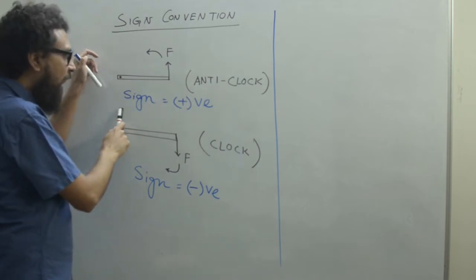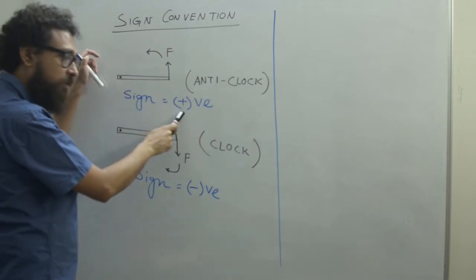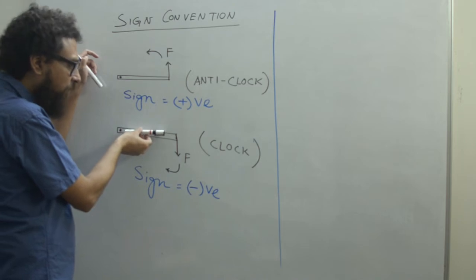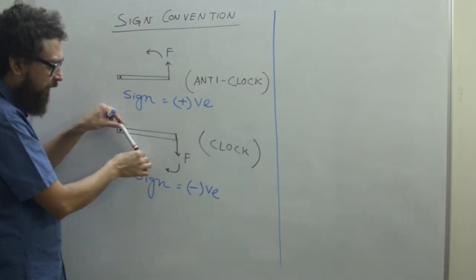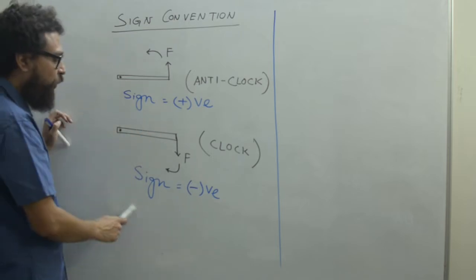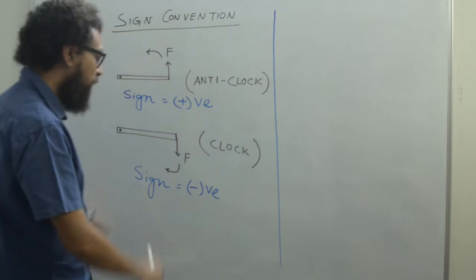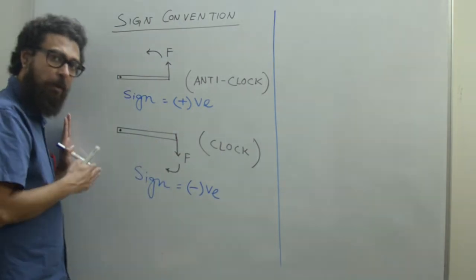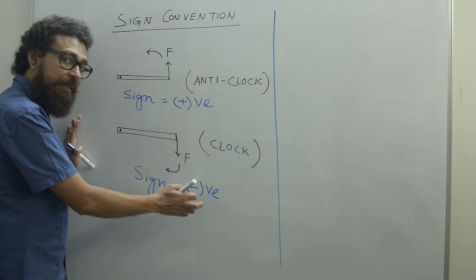So we say the sign for anti-clockwise moments of force is positive. And when we apply force downward on this extended body, it will have a tendency to turn like this, which is clockwise, in the direction of the clock. So for this moment we give a negative sign.